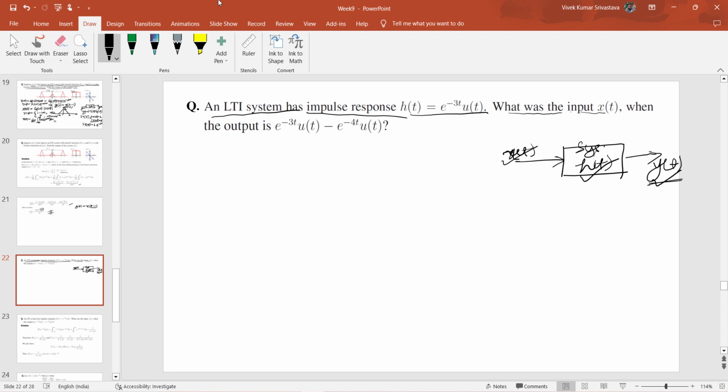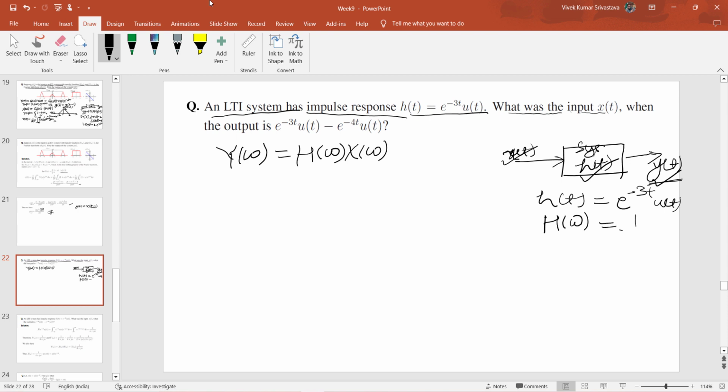To solve this problem we will use the same method, that is y of omega is defined as h of omega into x of omega. Now h of t is already given to us, which is defined as e raised to the power minus 3t into ut. So h of omega is defined as 1 over j omega plus 3.